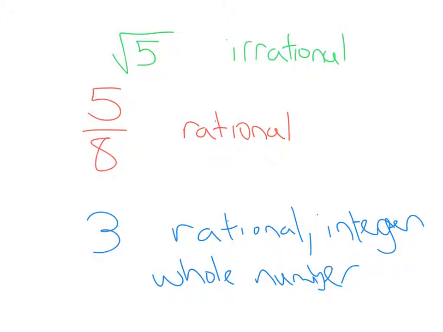If I have a number like negative 12, that is going to be an integer, and it's also going to be a rational number. So you're looking for all the categories that these fit into.